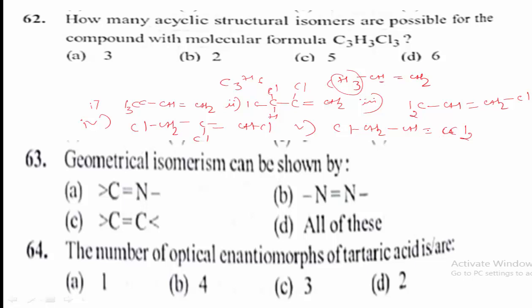Sorry, here C Cl2 double bond is already present here and 2 chlorine atoms. Okay, next another structure, sixth one, that is CH3 C Cl double bond C, here one Cl and here one Cl. Okay, so there are 6 structures.